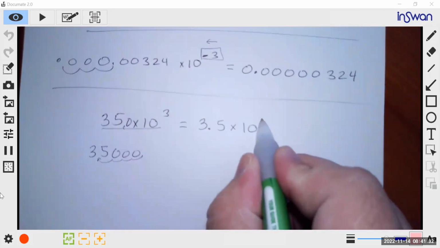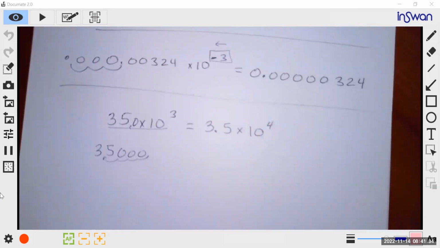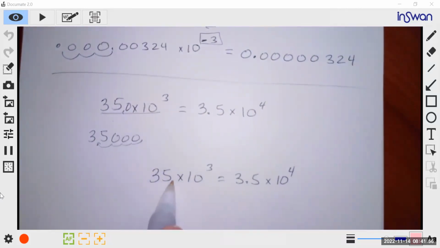So this is to the 4th. So 35 times 10 to the 3rd is the same thing as 3.5 times 10 to the 4th, because I'm giving it 1 more step to travel.